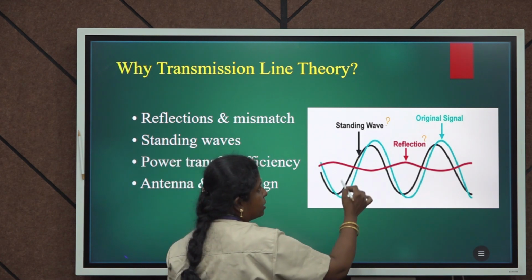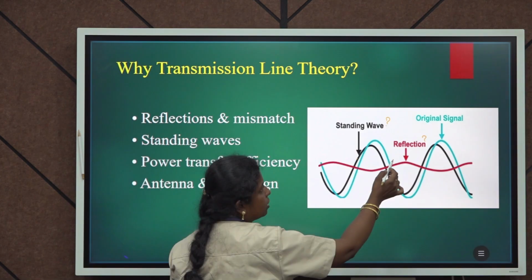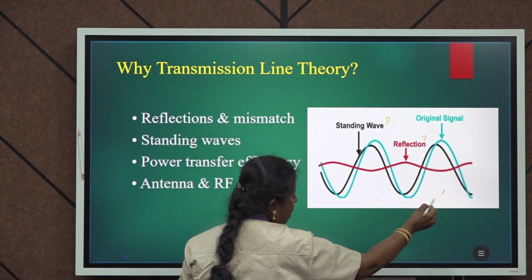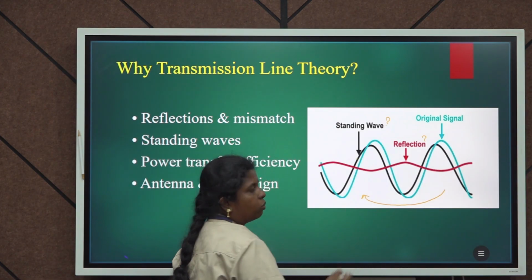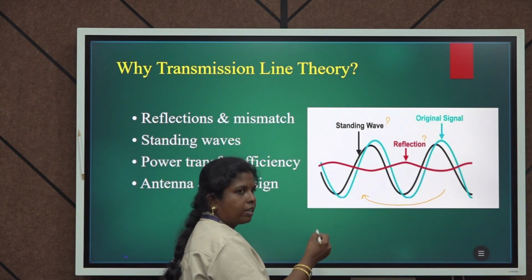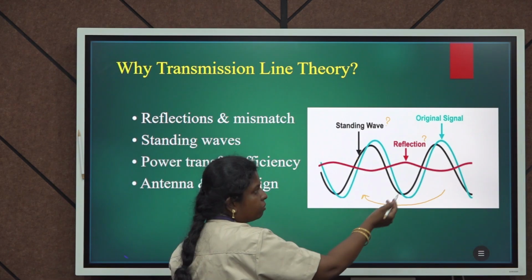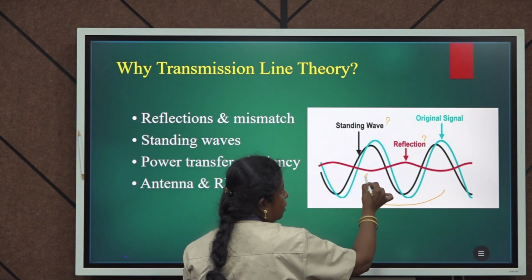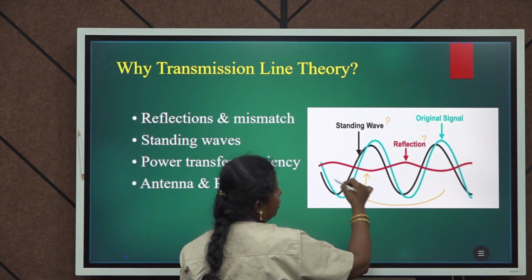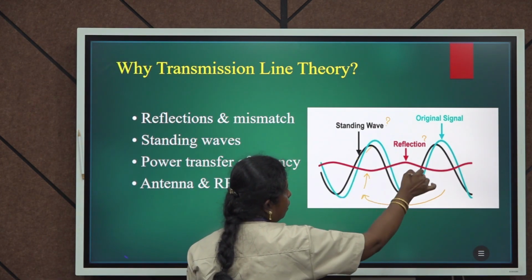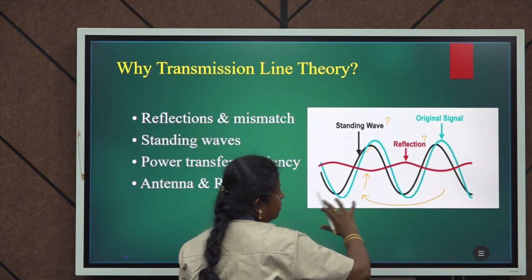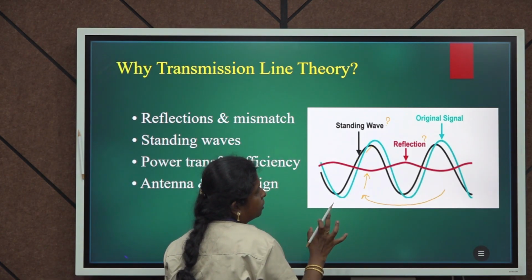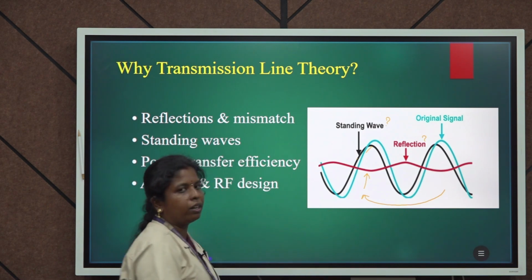Similarly, like the standstill waves, there will be certain waves which reflect back to the transmitter or input side, and those are the reflections. And again the original source wave will also be transmitted.